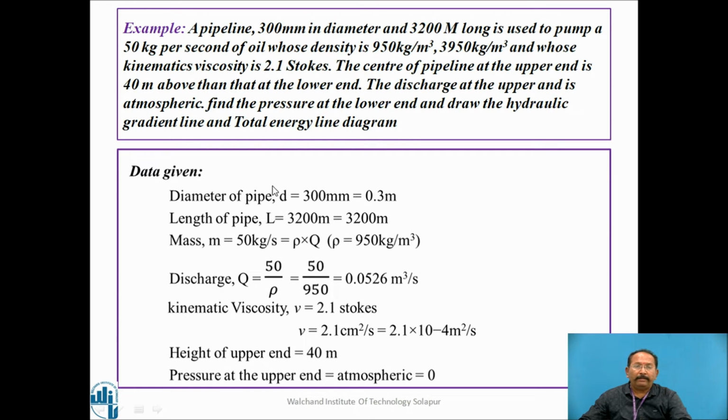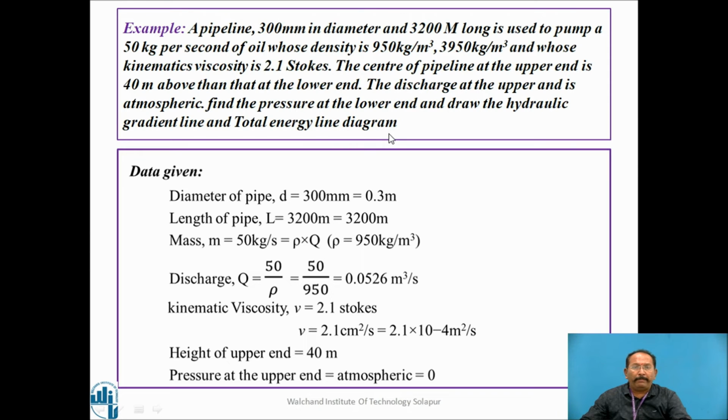A pipeline 300 millimeter in diameter and 3200 meter long is used to pump 50 kg per second of oil whose density is 950 kg per meter cube, and whose kinematic viscosity is 2.1 stokes.